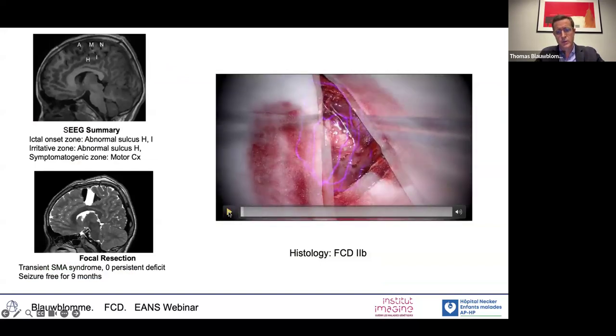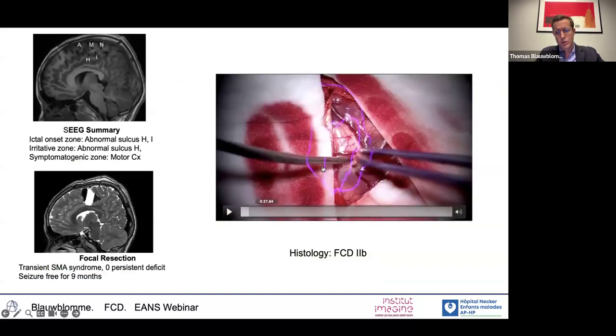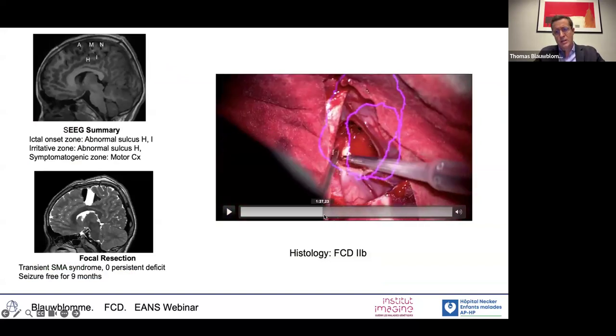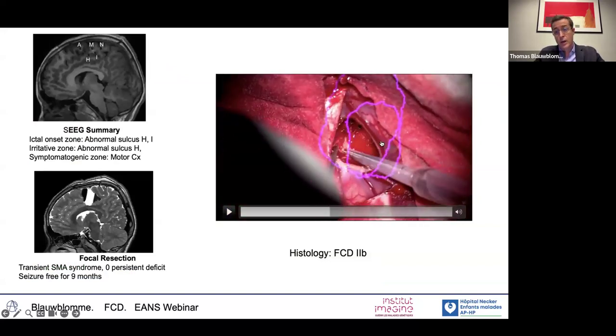As you can see here, surgery is greatly helped by the use of intraoperative navigation with image injection inside the cortex. What is important with surgery is that you will use anatomical landmarks, which are the sulci for this patient.